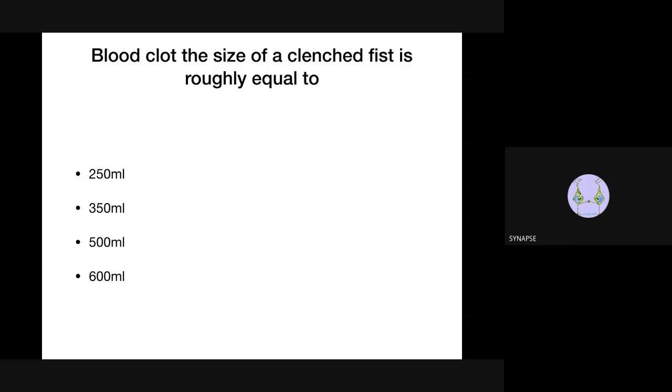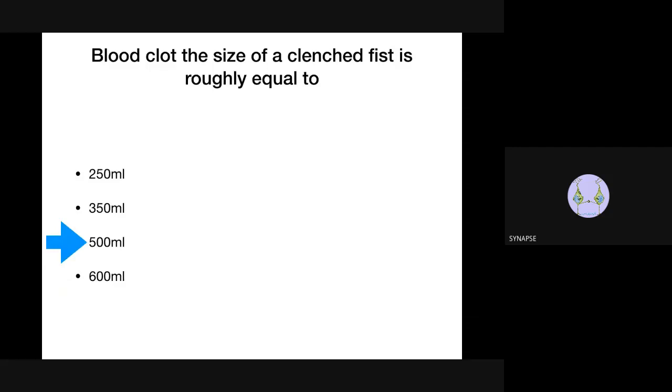If the clot size is more than or equal to a clenched fist, it means that the patient has lost around 500 ml of blood. That will be class 1 hypovolemic shock. Do you remember those volumes? Yes, ma'am. 500, 1,000, 1.5 liters, and more than 2 liters. Revise that table clearly again.